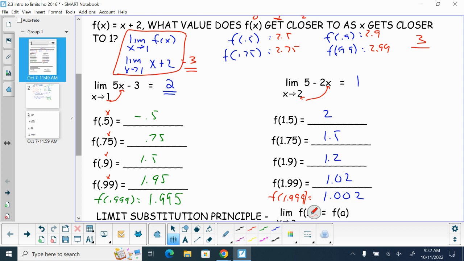And if you think about our graphs, if we look at the graph of x plus 2, we have a y-intercept of 2 and a slope of 1.